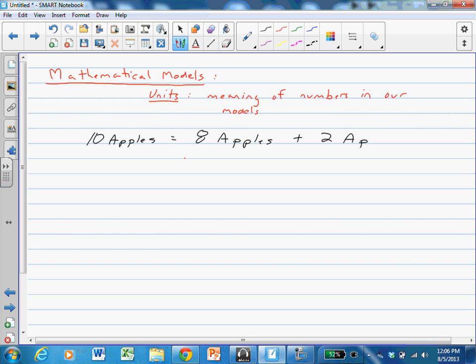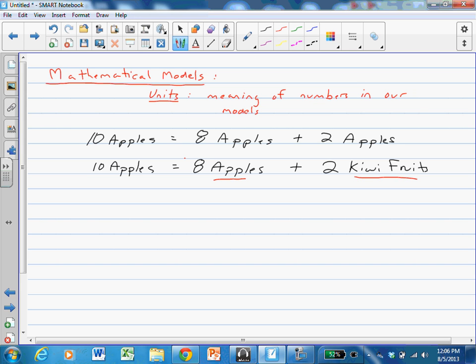But 10 apples is not equal to 8 apples plus 2 kiwi fruits. So you can't just add unlike terms, right? The units are different. You have to add like units. They cannot be different.